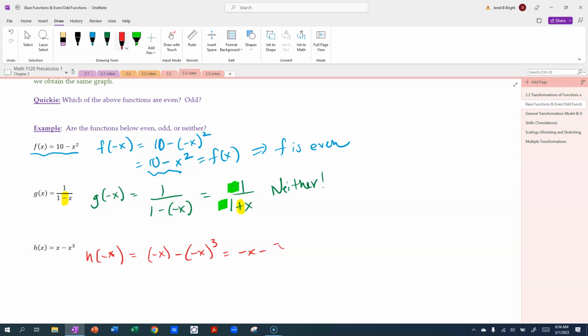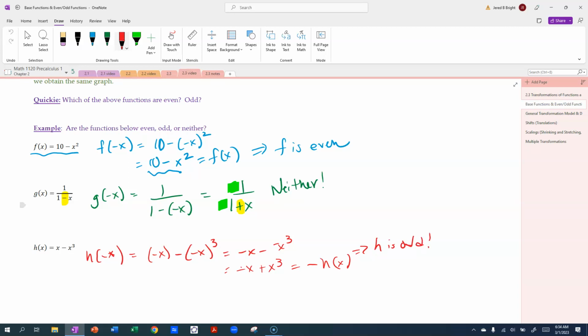Negative of a negative x cubed, okay? And then this would be negative x plus x cubed, okay? Which is the same thing as the original function, just with all the signs switched, okay? So that means that h is odd, okay?